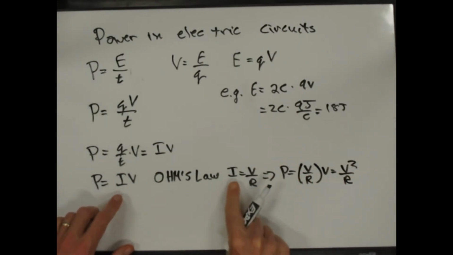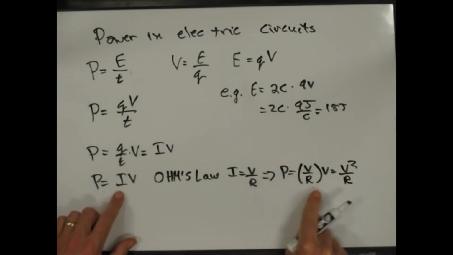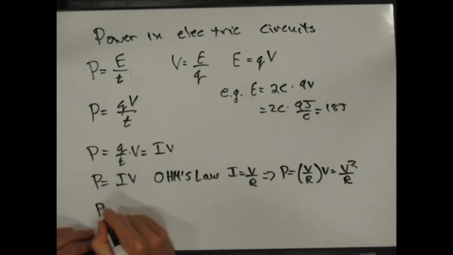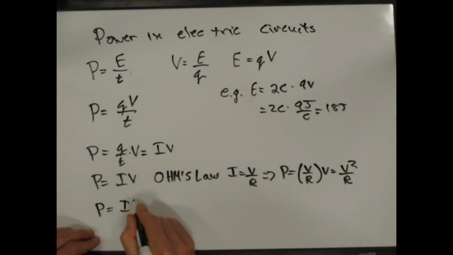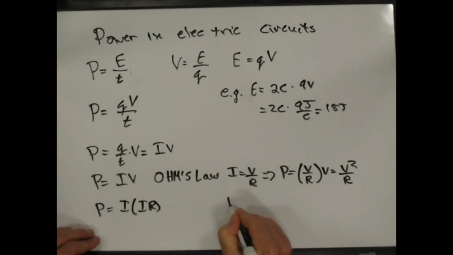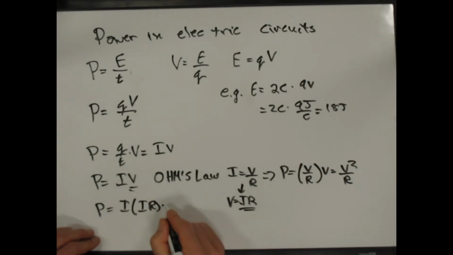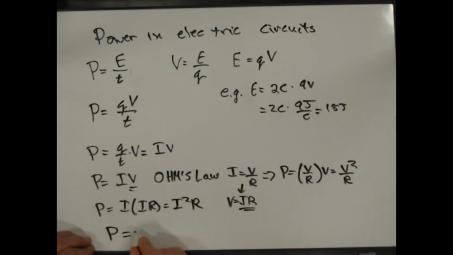If I replace this I over here with V over R, I get V squared over R. Or I could say power is equal to I times I R, because this can be arranged to V equals I times R, right? And then I can substitute this in and I get I squared R. And so in an electrical circuit, I can say power is equal to VI, or it's equal to V squared over R, or it's equal to I squared R.